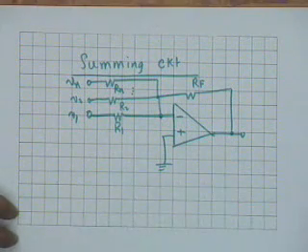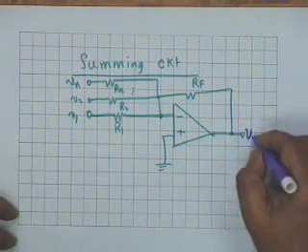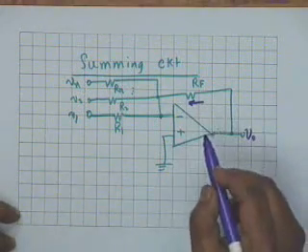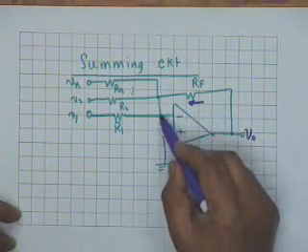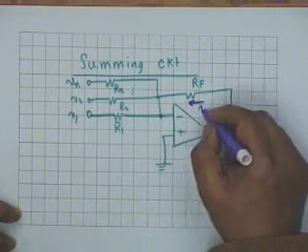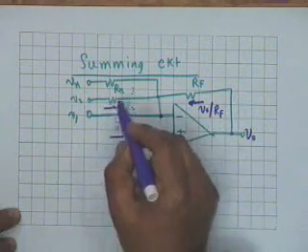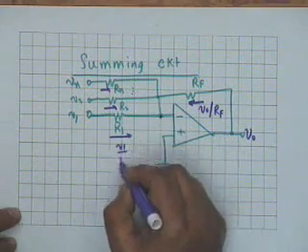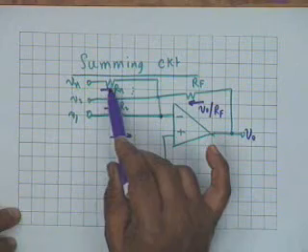To analyze this circuit, notice again that if this is V0, then the current through this would be equal to V0 divided by Rf, because this point is virtual ground. So this current shall be V0 divided by Rf. Similarly, you can find the currents through each of these resistors. Because this is virtual ground, the current here would be V1 by R1, the current here would be V2 by R2, the current here would be Vn by Rn.